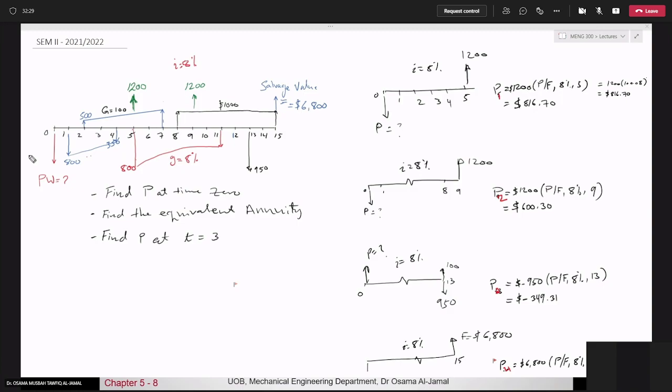It's very important not to let the calculator control your answer. I'm repeating this because some of the students make this mistake. In the calculator, if you put the compound positive, it will give you a negative answer, which is not right.